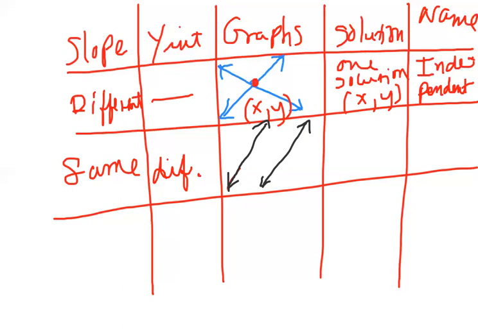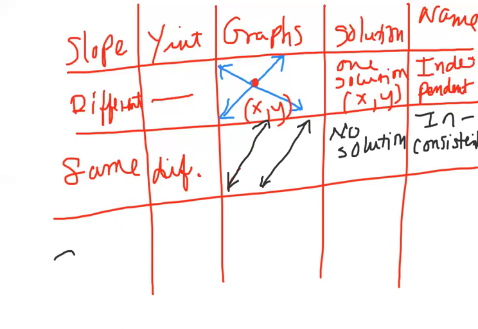They do not share any points. So we say the system has no solution. This type of system, we refer to as inconsistent, guys. Inconsistent is the name of the system.